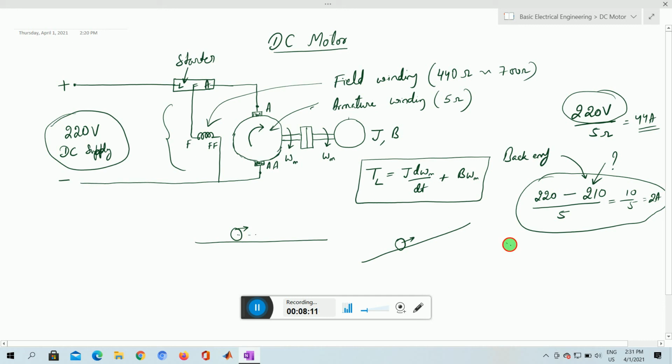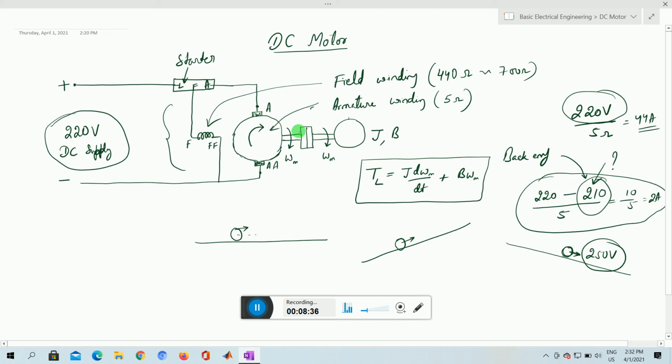Unless there is a downhill, the motor will attain a speed more than the rated speed. In that case there is a reverse effect, and the voltage across here, instead of 210, may be 250 volts. That is a special case because here we say this is one type of active load.